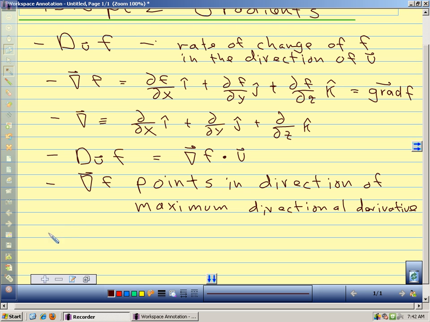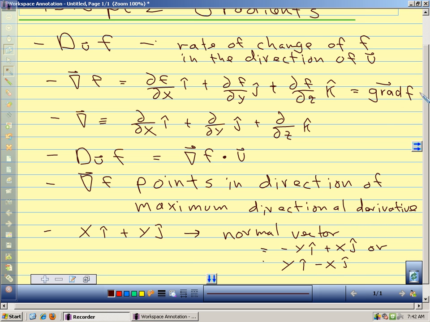And a reminder, because this is going to come up here and there in this chapter: if we have a vector xi plus yj, a vector that is normal to this vector is minus y i plus x j, or y i minus x j.